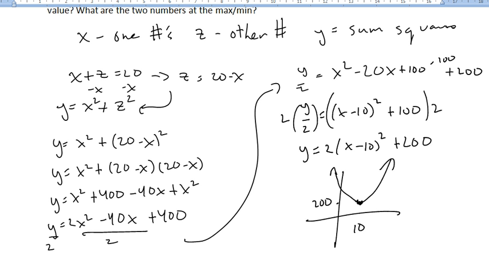So if x equals 10, then if they add to 20, the second number must also be 10. So we have a minimum of 200 when the numbers are 10 and 10. And that is the worst attempt at writing the word "and" I've ever seen in my life.